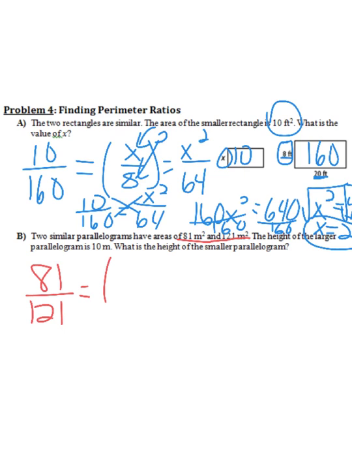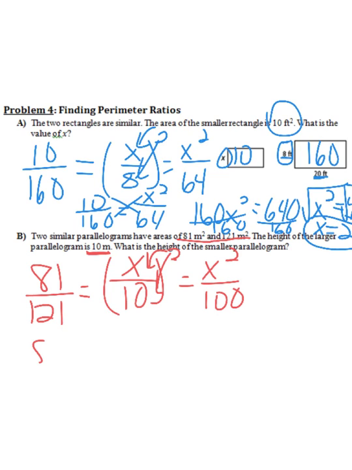And an area ratio needs to be squared, so I need to figure out what's going to go inside of here when we're talking about heights. Now we're told that the larger one has a height of 10, so with the larger number in the first fraction, I'm going to put a 10, so a 10 is going to go on the bottom. And on the top is going to be an x. So I need to square this fraction. So I'm going to have x squared over 100.